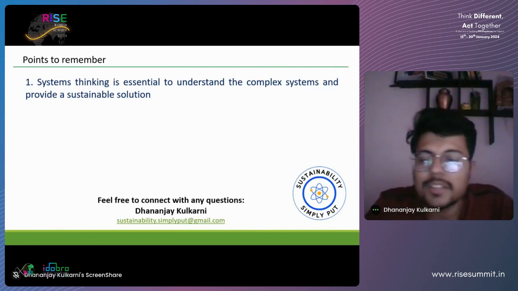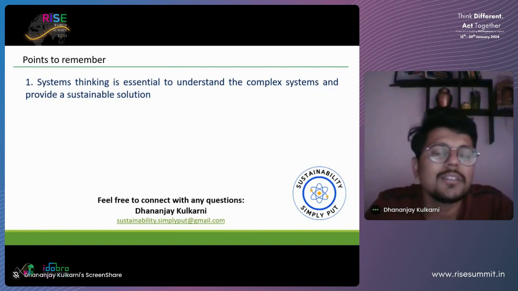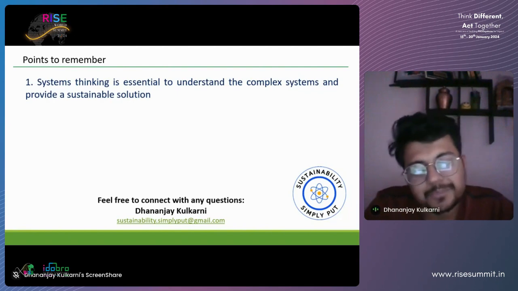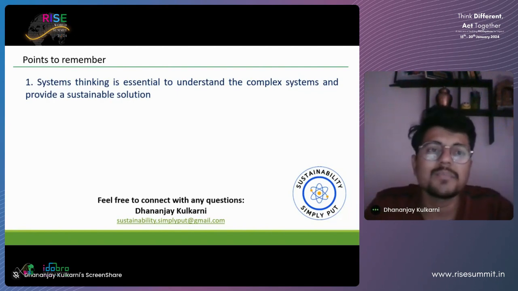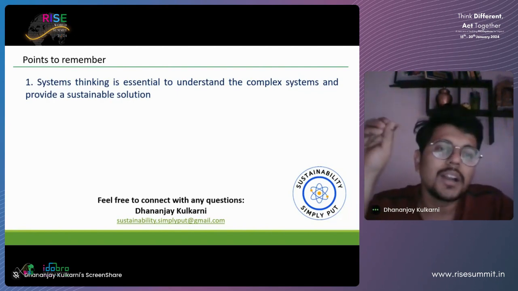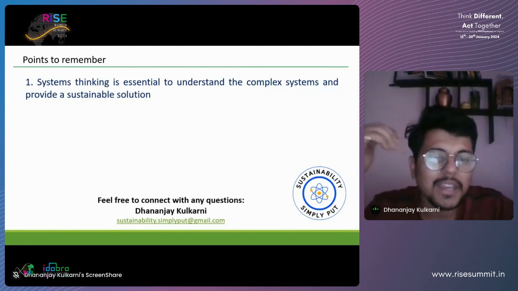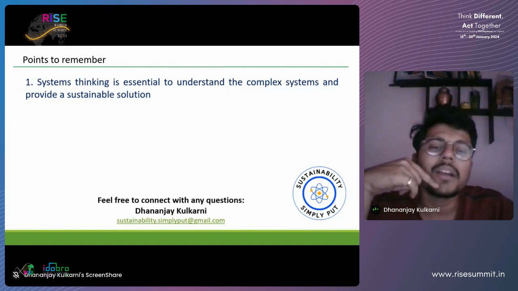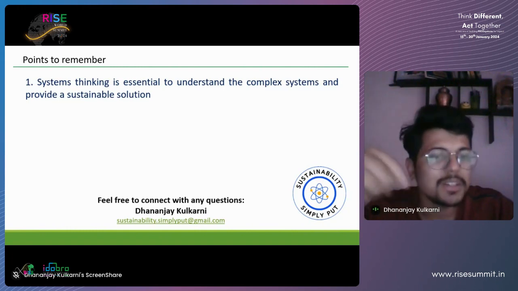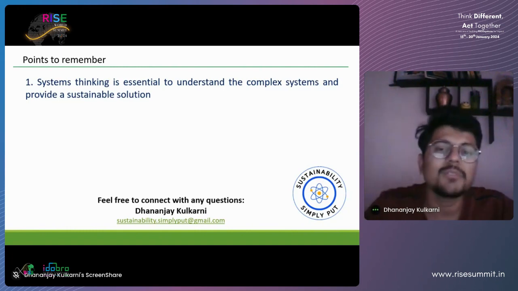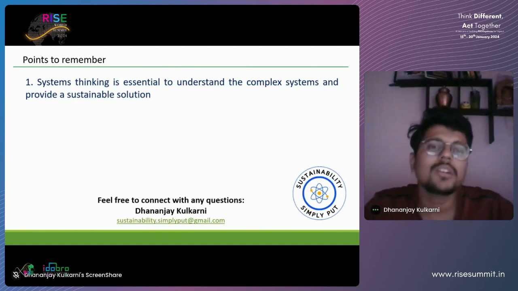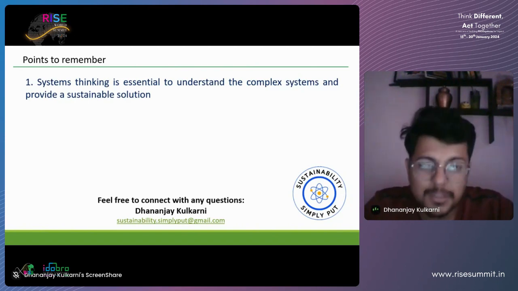And I guess in the morning session we also discussed the tip of the iceberg. Whenever we are understanding a system, the visible part is very small, and 80%, 90% is invisible, and that's what is happening with systems thinking.